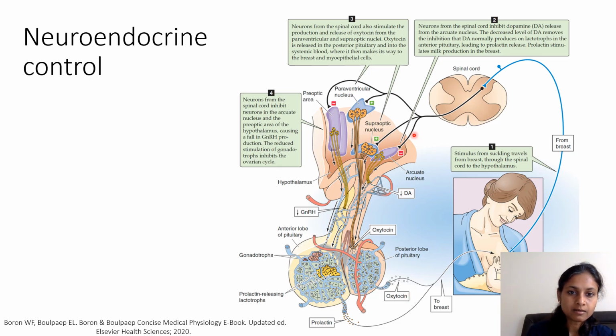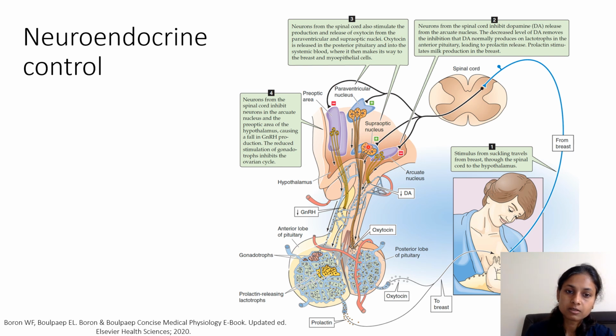Now, the second action is that the neurons coming from the spinal cord act positively on the two nuclei which produce oxytocin.